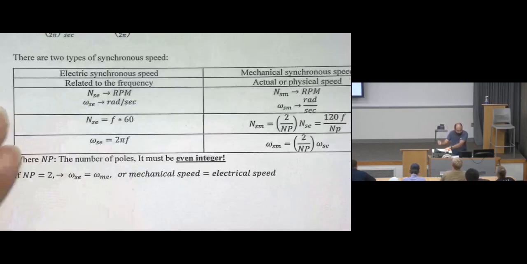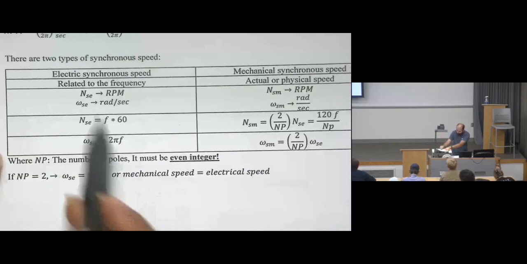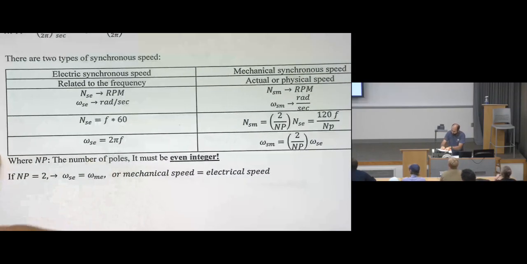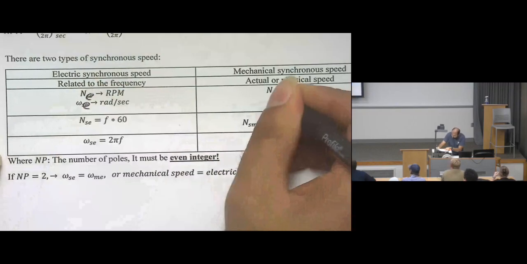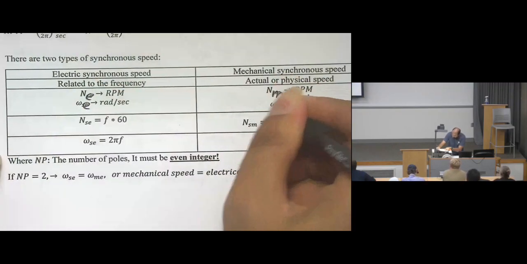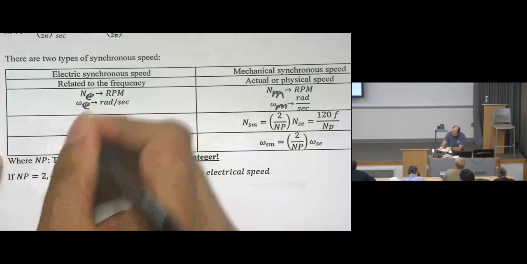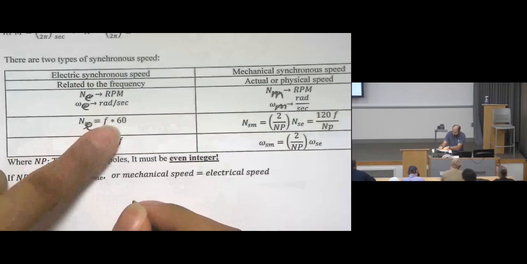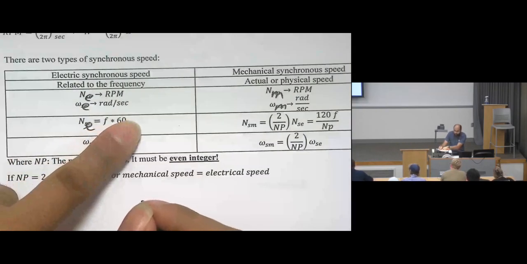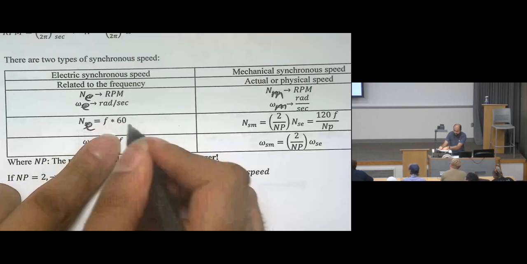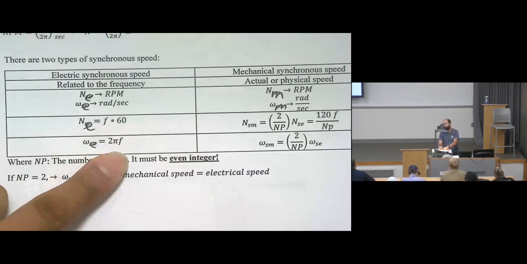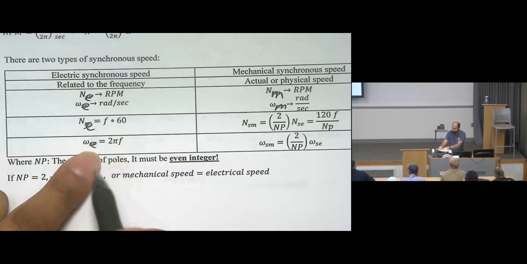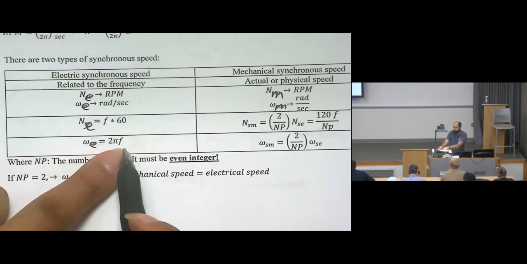Here, this table summarizes. Let me call it n, and let me call it n_e, I don't prefer S here, and n_m. So n_e, the electrical speed, equals f times 60. This is in RPM because n is in RPM. While omega_e, the electrical speed, E for electrical, equals 2 pi times f. We know how to find omega: 2 pi times f.